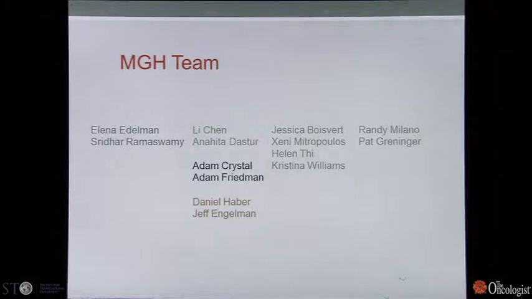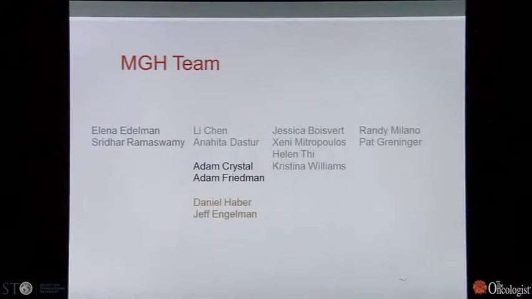So this is a large-scale effort, so there's a lot of people involved. This is the team at MGH, the current team at MGH, with critical collaboration with Sridhar Ramaswamy's lab for modeling of the data, with Elena Indelman, a postdoc in his lab. We've done a lot of work along the years with my old friend Jeff Engelman, who's always a good advisor in terms of this kind of work.